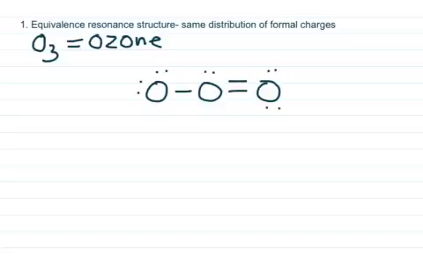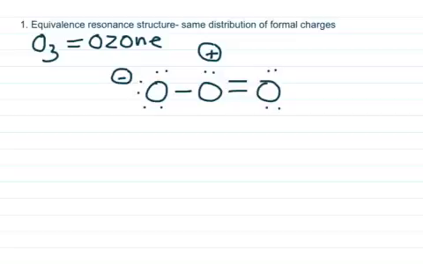Now we know with ozone that it's going to have a negative charge and a positive charge, which gives us a net neutral charge.